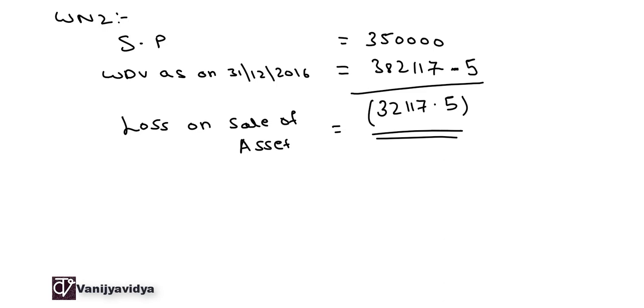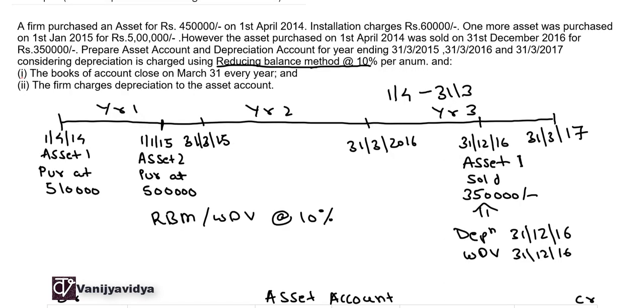Now we will prepare an asset account and depreciation account and post the journal entries in the asset account and depreciation account. Now asset account. So what is the first event in the first year, that is 2014-15, on 1st April 2014, asset 1 purchased at 5,10,000.